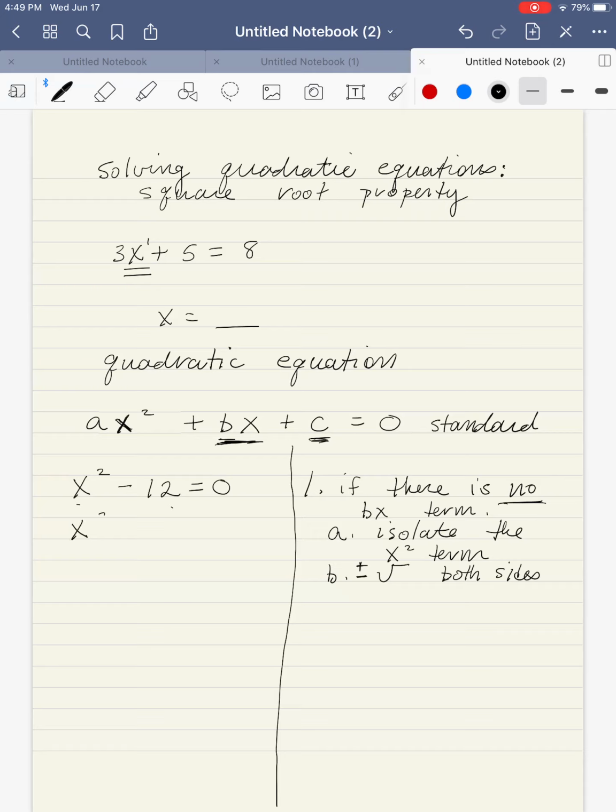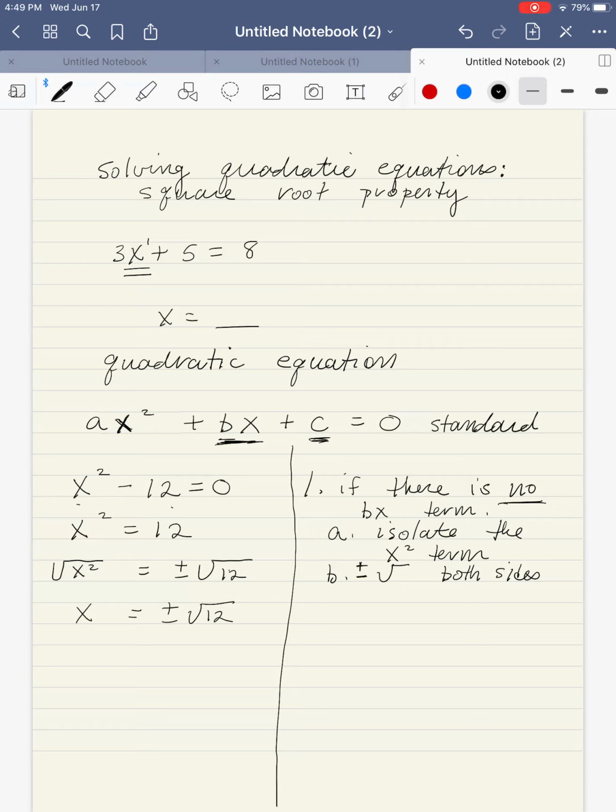So our first step is isolate the x squared term, so we add 12 to both sides. Then we take the plus or minus square root of both sides. And on the left here, we're just going to do the square root, but on the right, we're going to take the positive and the negative values. So the square root of x squared is x, and we have plus or minus square root of 12.